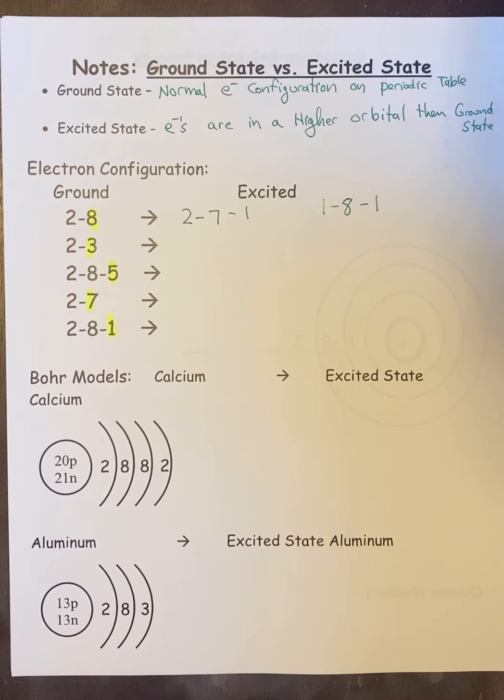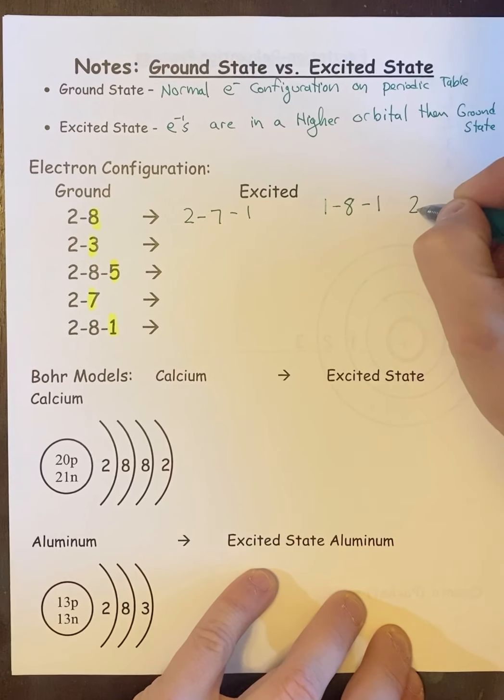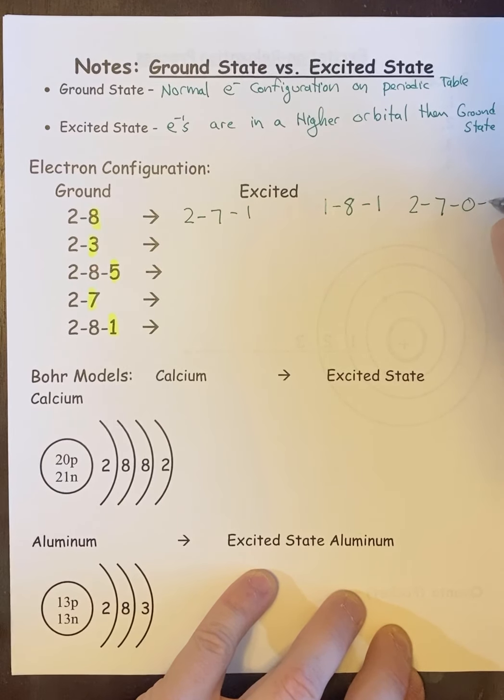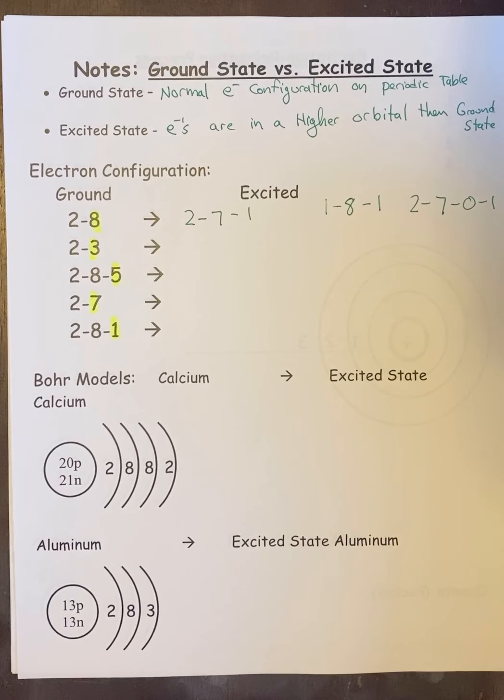That is also an acceptable excited state, although I will not take it on a test. I never want to see you do that. But be aware that if you see that on a paper, that is a legitimate excited state. You could even do this, 2, 7, 0, 1. You could take one from the valence and bump it up 2 or 3 or 4. There's no limit, right?